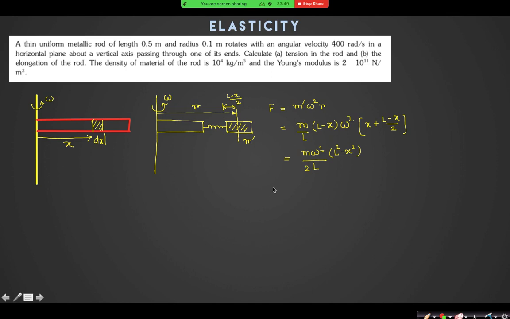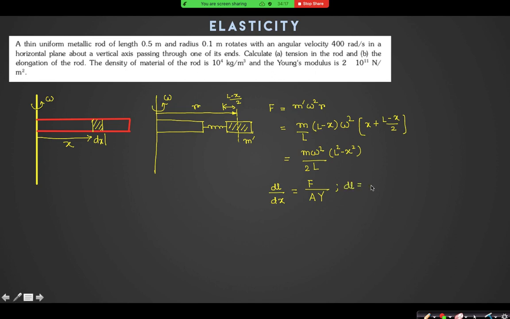So what is the strain of this segment? dl by dx is equal to strain, equal to stress F by A into Young's modulus Y. Can I write it? What is dl here?